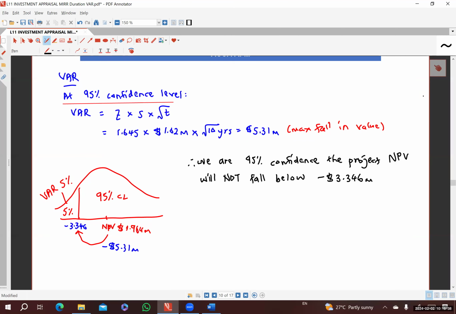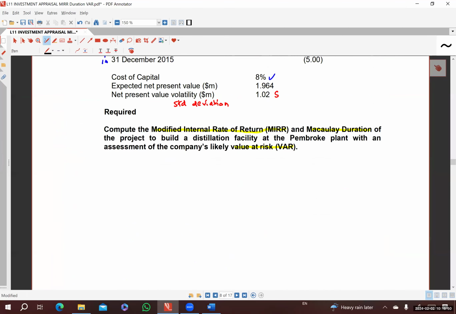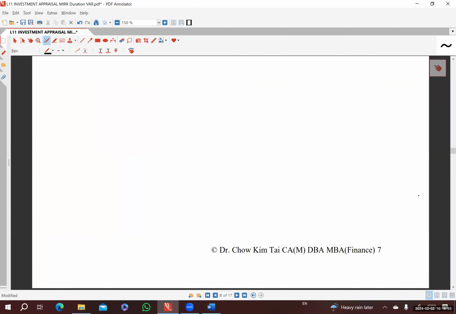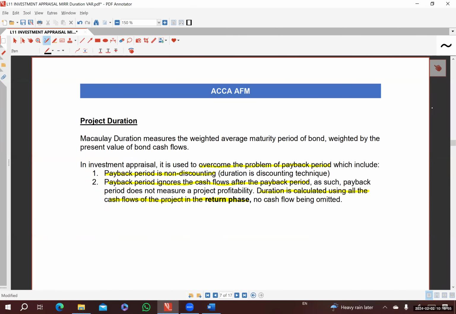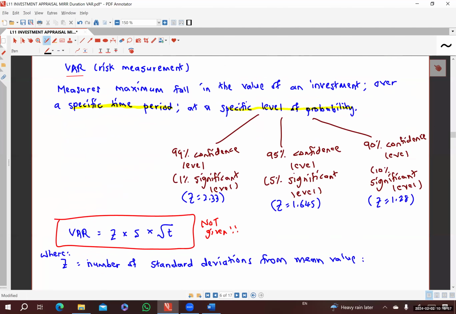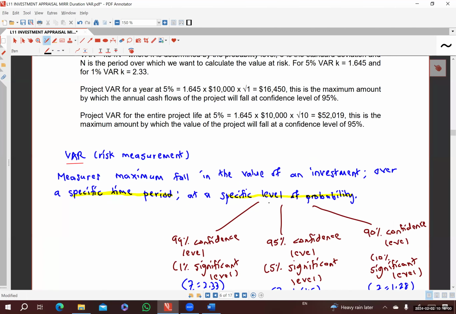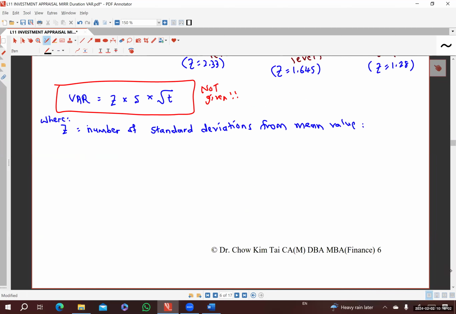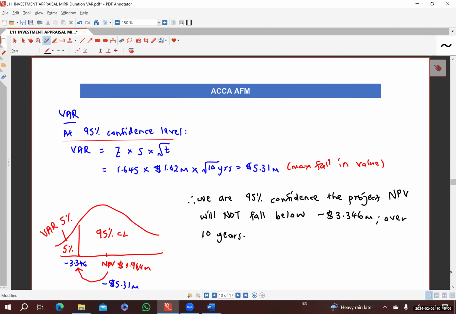Only 5% chance it will be lower than that over the 10 years of the project's life. When you explain value at risk, always remember two things: a specific time frame and a specific level of probability. So the level of probability is 95% confidence level and the time frame is 10 years. Always mention these two.